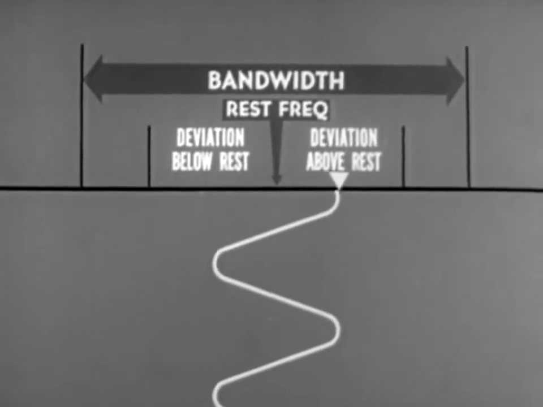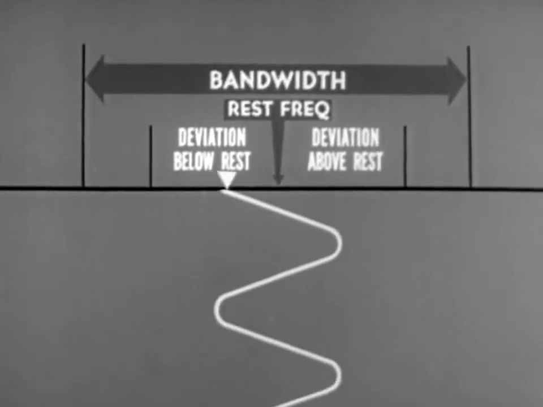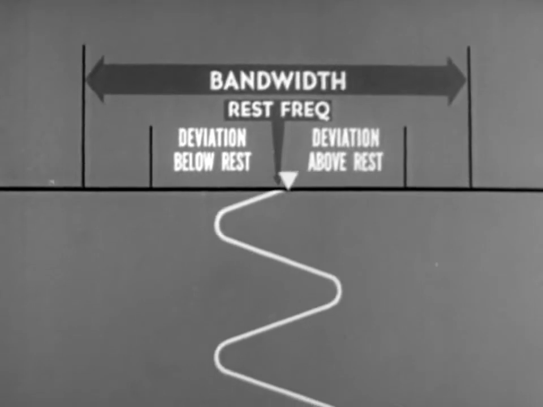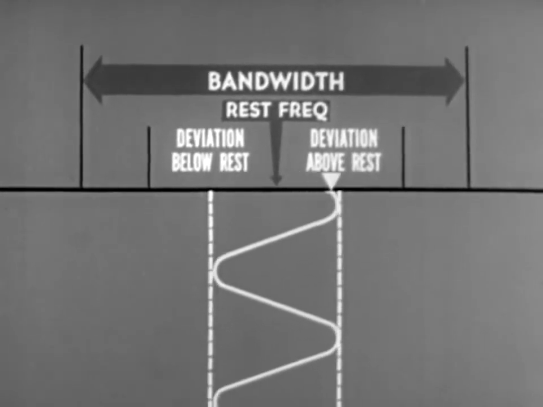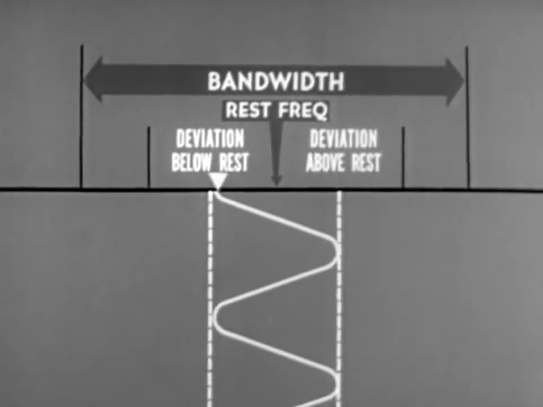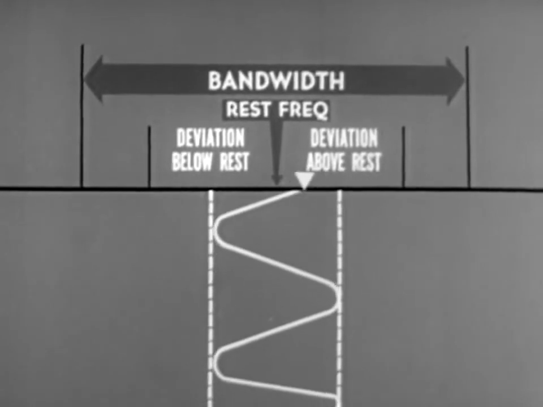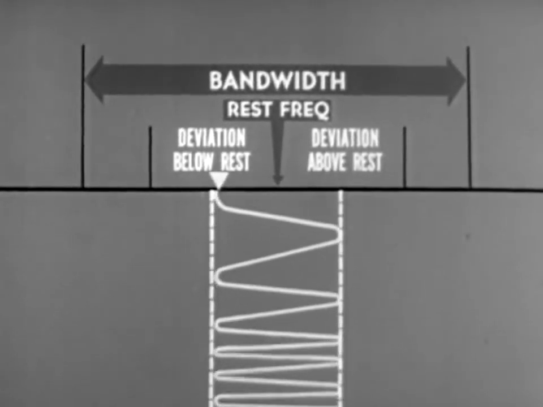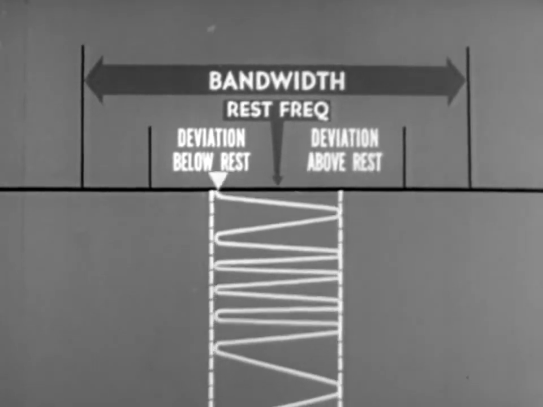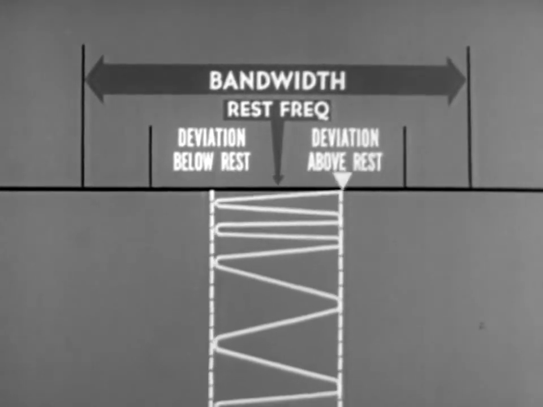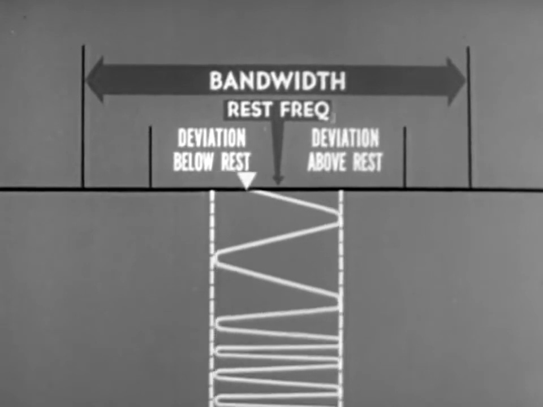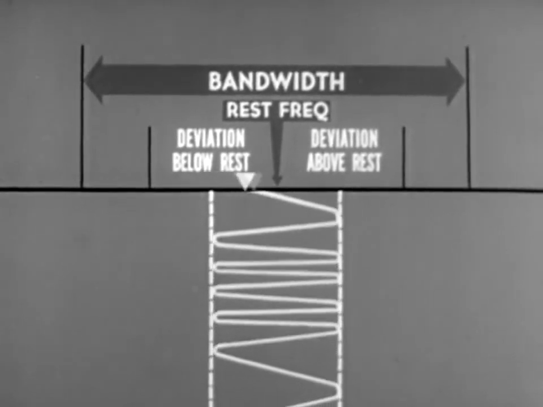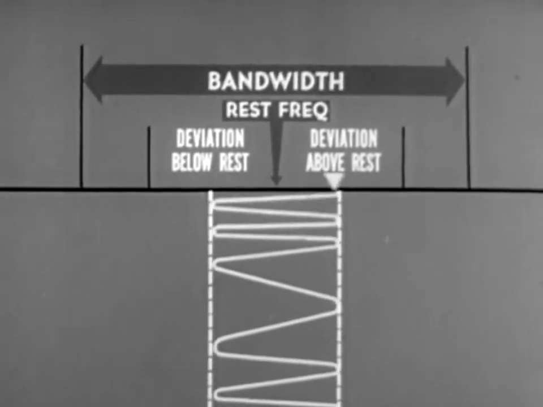Notice that the amount of deviation above and below rest frequency is determined by the amplitude of the modulating signal. If we raise or lower the frequency of the modulating signal, we increase or decrease only the speed at which the carrier moves above and below its rest frequency. We do not change the extent of its deviation.